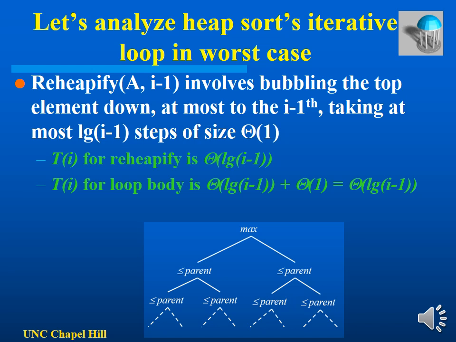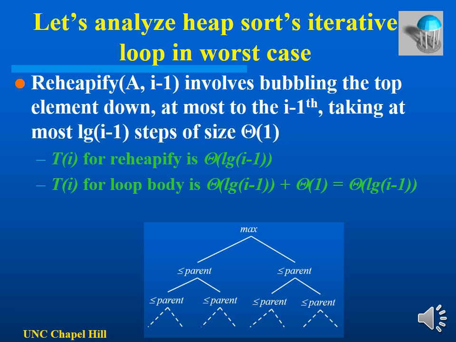That gets us ready for the next stage, and so the loop body involves putting the ith element from the end into place. Let's see, we're talking about first filling the nth, then the n-1, then the n-2 position.